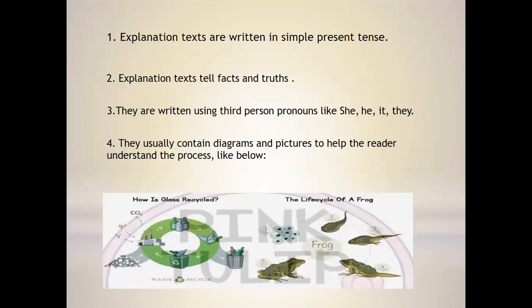Let's see an example: how is glass recycled? In an explanation text, he will draw a diagram, رح يرسم لنا diagram, in order to make it easier. For example, bottles. We put the bottles in the trash, then they are sent to recycling, then to special places or companies in order to recycle them.